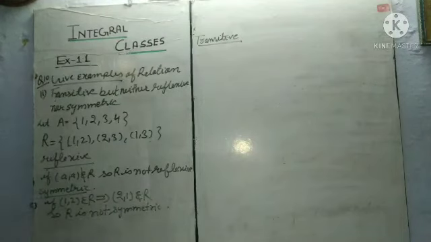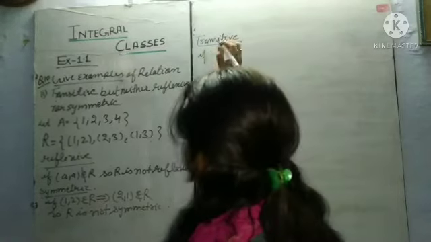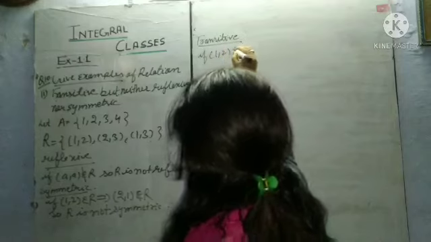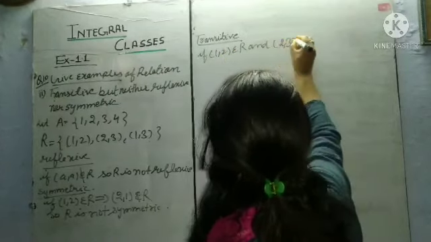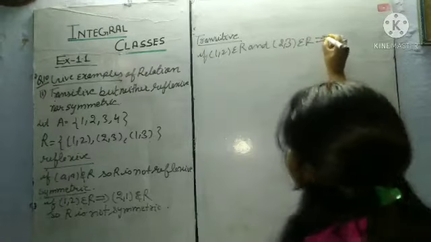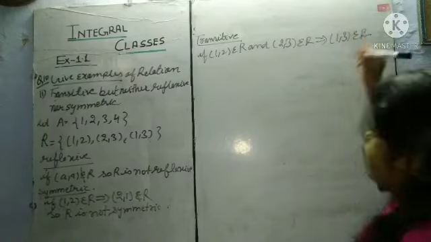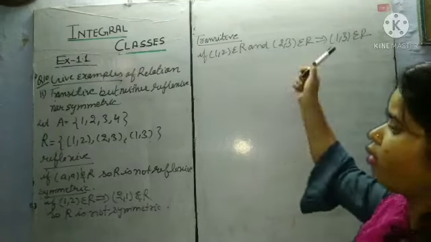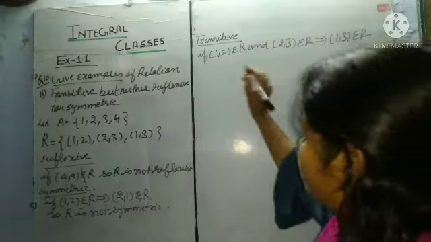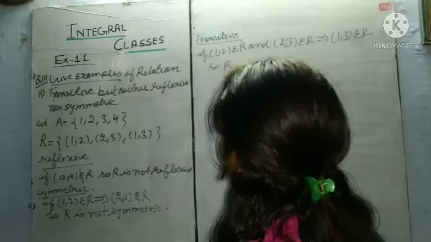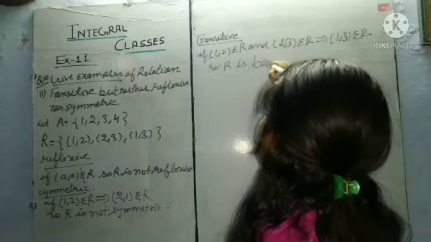Now for transitive, if 1, 2 belongs to R and 2, 3 belongs to R, then 1, 3 also belongs to R. These three pairs all exist in our relation, which we took as an example. So R is transitive here.